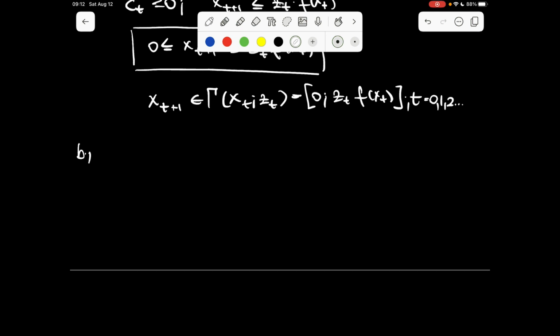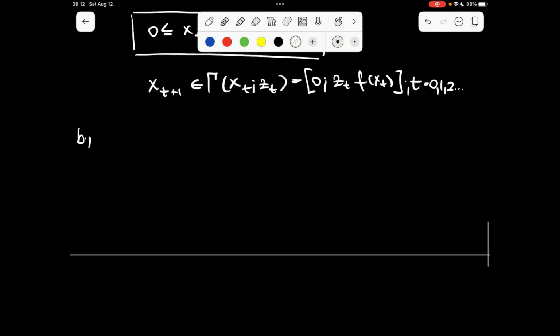In problem B, we need to show that there exists a unique bounded continuous function V satisfying the functional equation, or the Bellman equation, and that the related optimal policy correspondence G is non-empty, compact valued, and upper hemi-continuous.